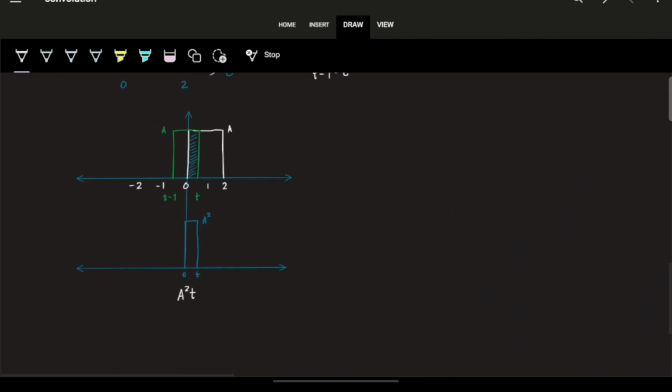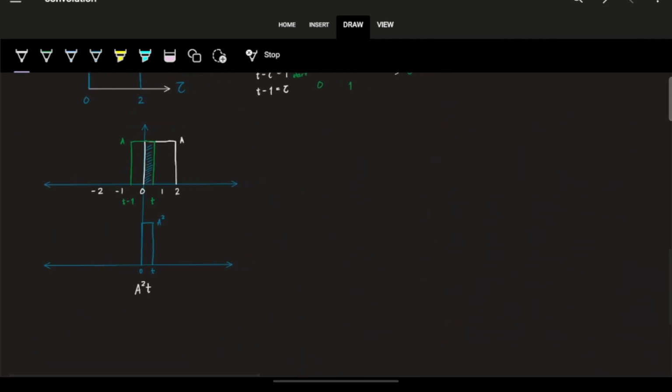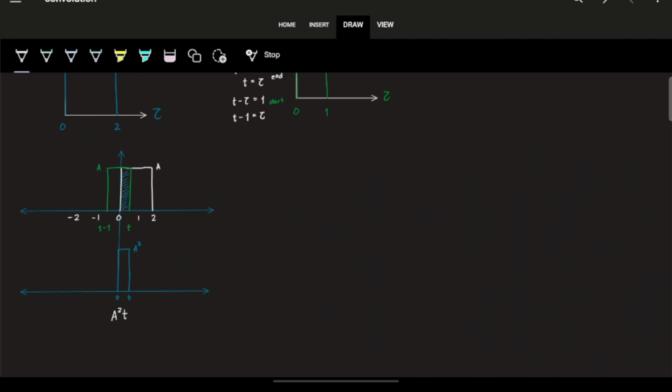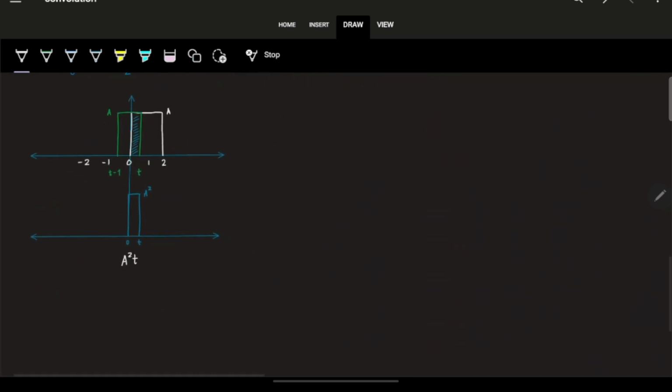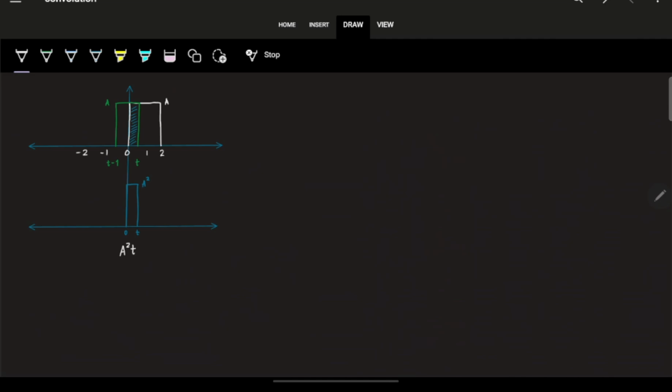Now, next, let's move t a little bit. Okay, iusog lang natin siya ng konti. Let me draw another signal.